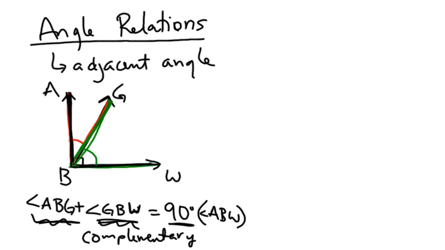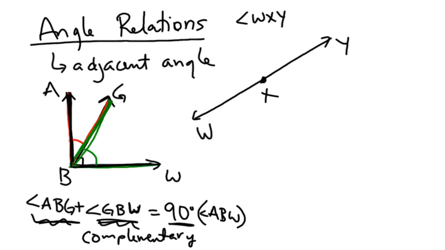We can do the exact same idea by starting with a straight line or a straight angle. I could say that this is angle WXY. Well, angle WXY we know is 180 degrees, but if I added in a different ray, call it J, I now have, again, adjacent angles, two angles connected by the common ray.